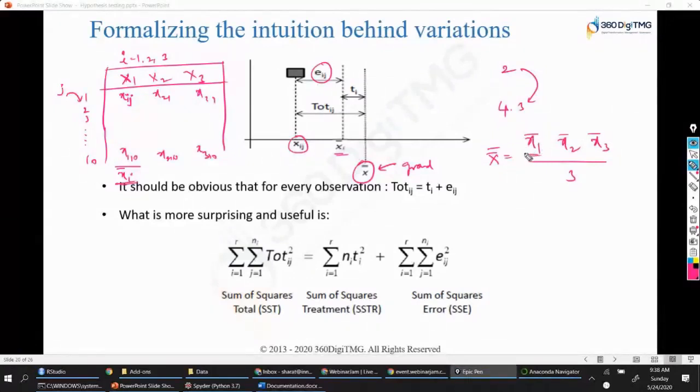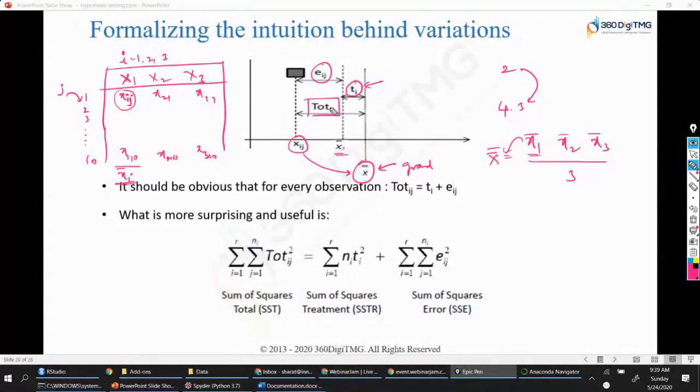And I'm saying, how is the first group's average differing from the grand average? That is marked as ti. We call it treatment. It's just a representation. Okay. And then we can also check how each individual volunteer's weight loss is deviating from the average of averages, that is the grand average.